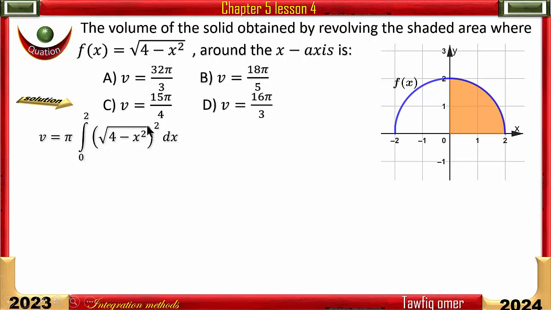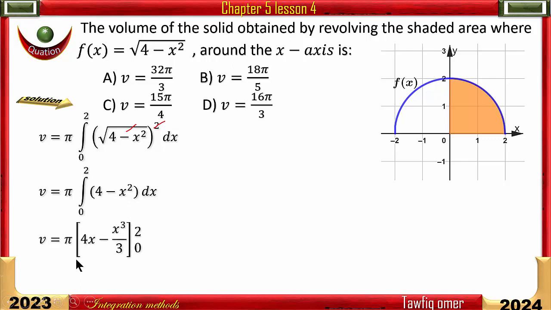This square is cancelling with the square root, so it becomes volume is equal pi integration from 0 to 2 of 4 minus x squared. And now by taking the integration, volume is equal pi, the integration of 4 is 4x minus the integration of x squared, which is x cubed over 3.